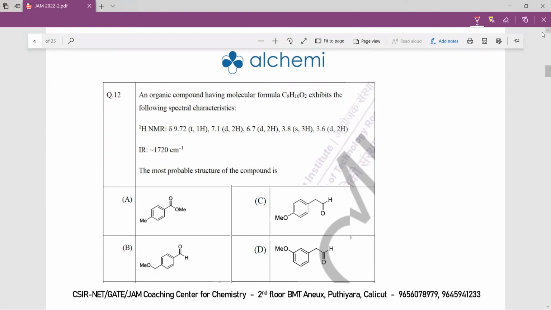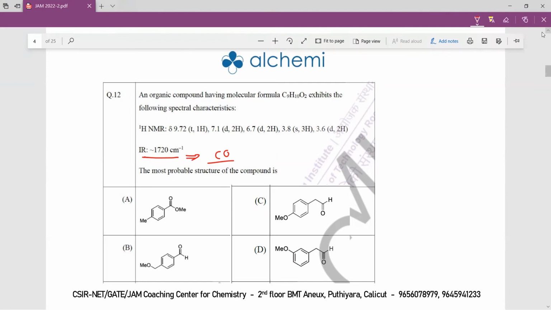If you look at the proton NMR spectra, if we check the IR spectra first, 1720 corresponds to the C=O stretching frequency. In all the options you can see C=O is present, so we can't eliminate options with this one.